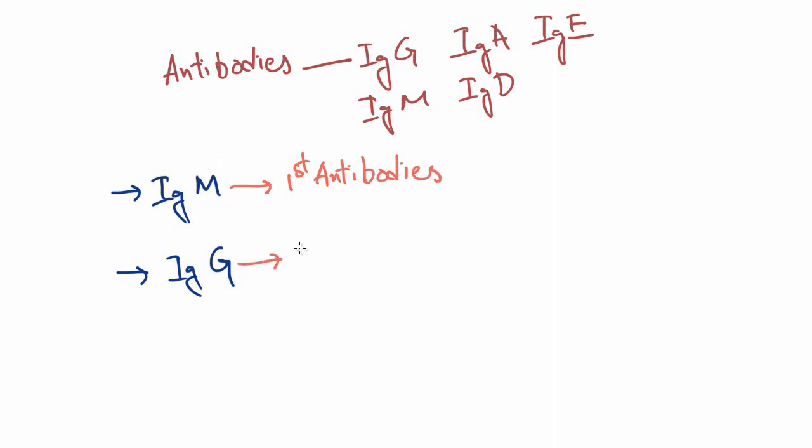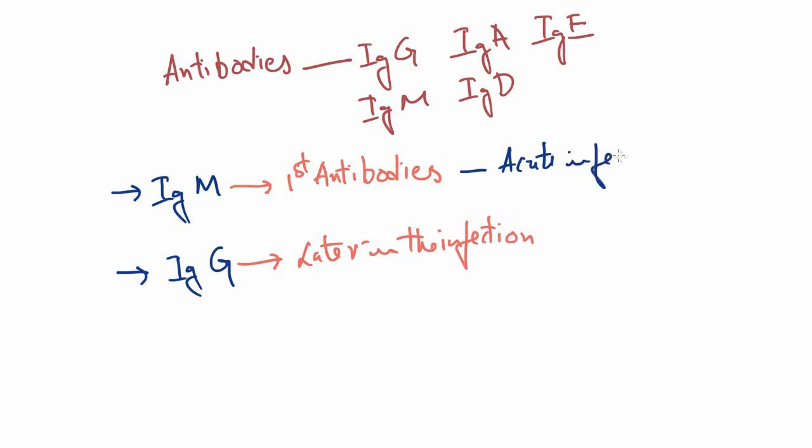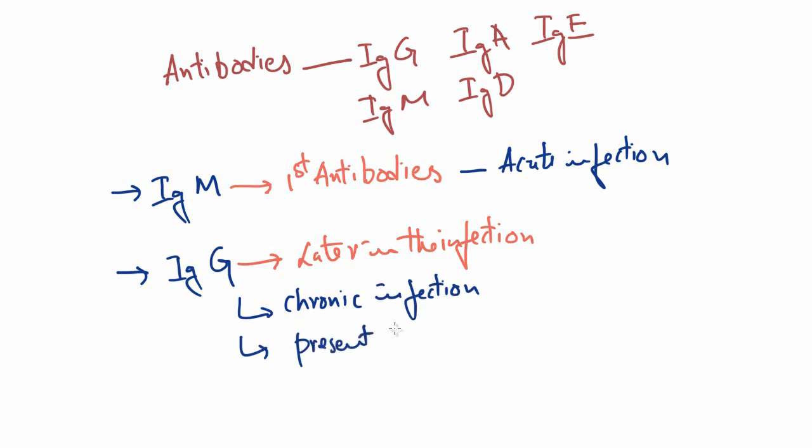And IgG are seen later in the infection. Usually the presence of IgM antibodies indicates an acute infection, meaning the infection is very recent, and IgG is indicative of chronic infection, meaning the infection has been present for a while.